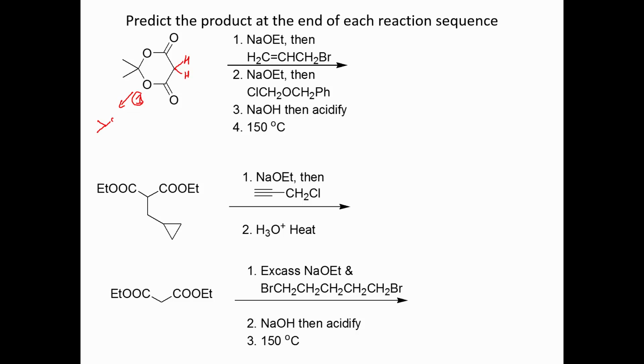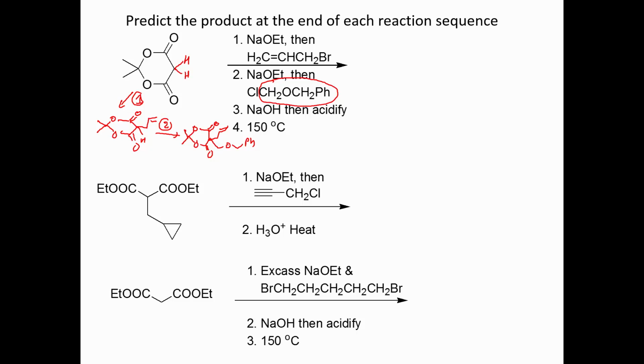Okay, so our first one is going to put in the allyl group. Our next one is going to do an SN2, and it's going to put in this ether group here, step 2. We're going to have an allyl group here, and we're going to have this ether group, benzyl methyl ether.